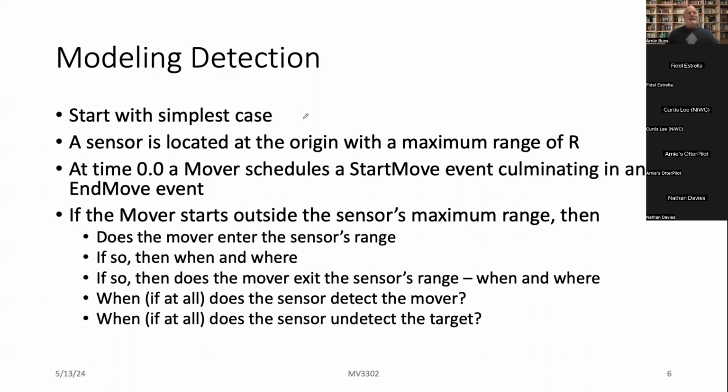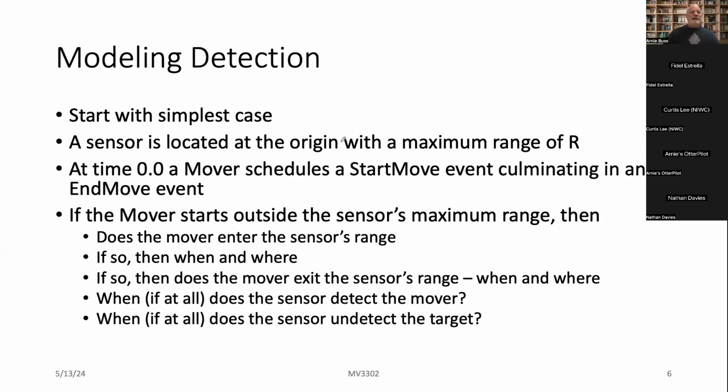Because if we're doing nothing but running around and not interacting, that's not very interesting. And every bit of interaction, whether it's seeing something or a weapons interaction, really comes down to sensing something. In other words, the IED needs to sense the vehicle in order to blow it up. The radar needs to detect the target in order to have some kind of countermeasure.